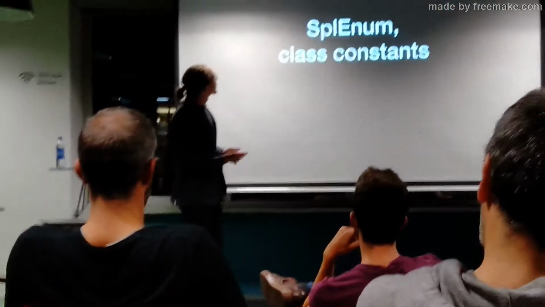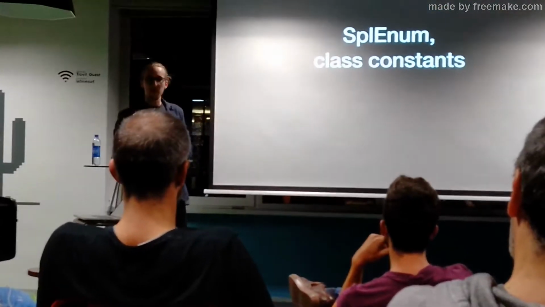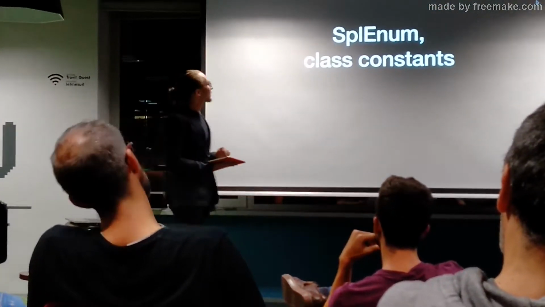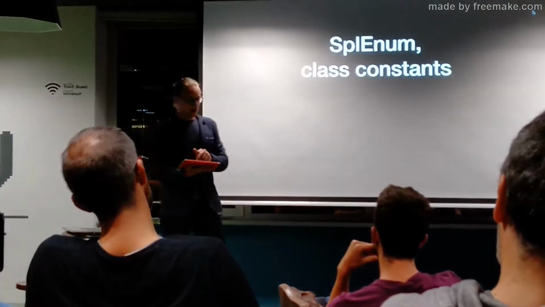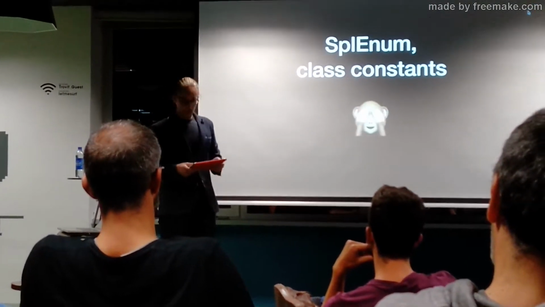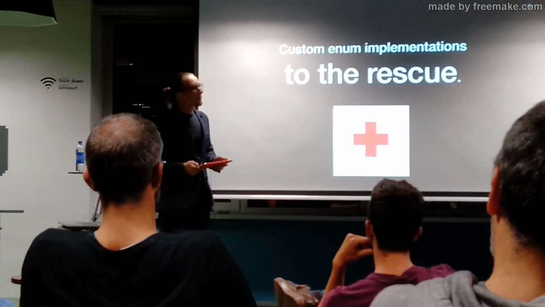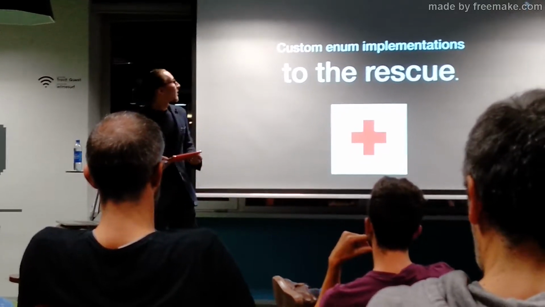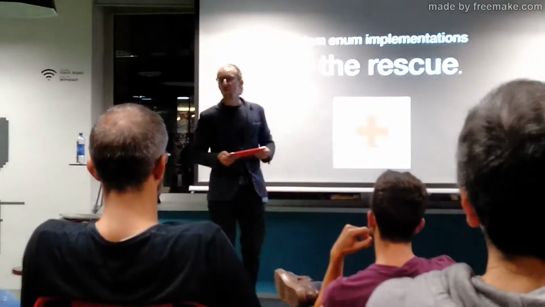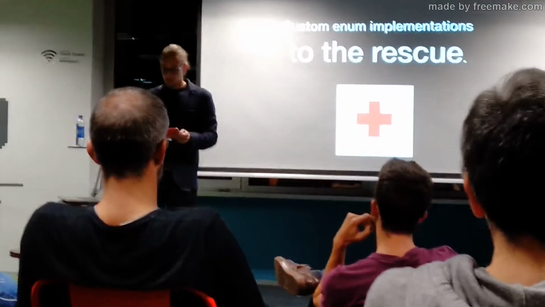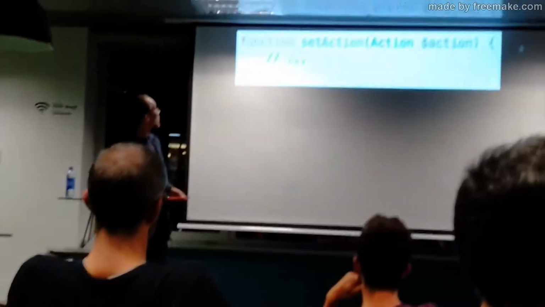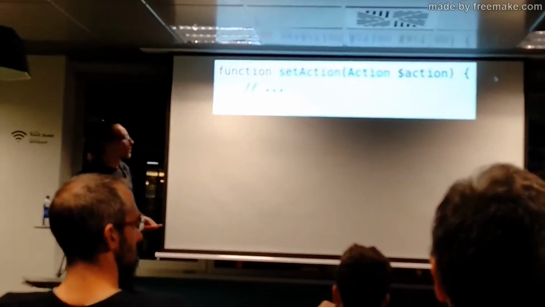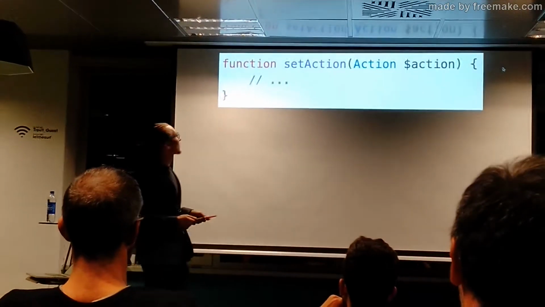There is SPL enum in PHP, but it's basically class constants, so I will not use it. But there are also custom enum implementations to the rescue to our problem. So this is how it can look when you use one of the custom implementations.